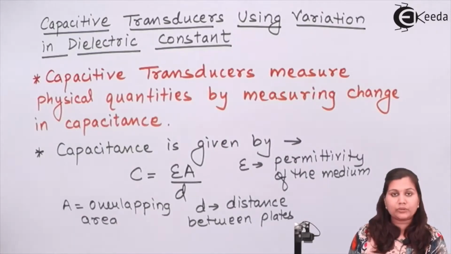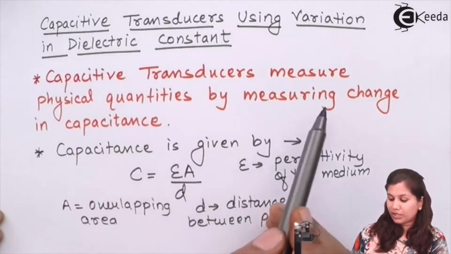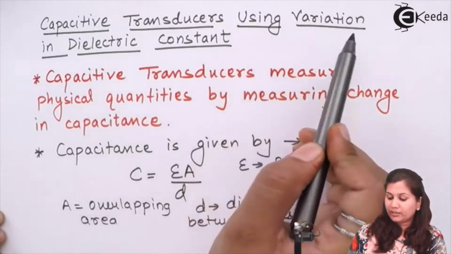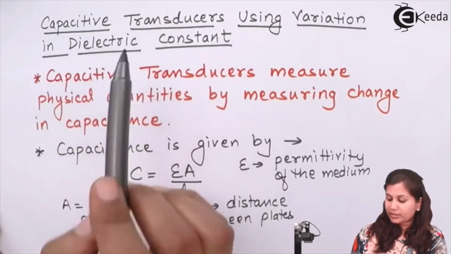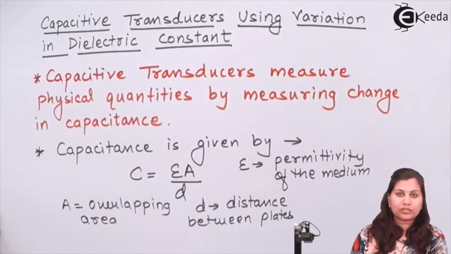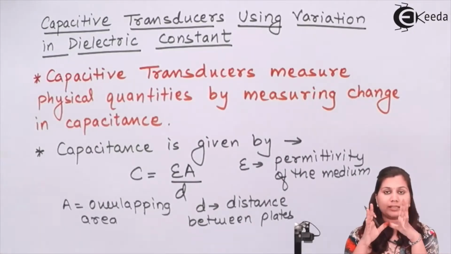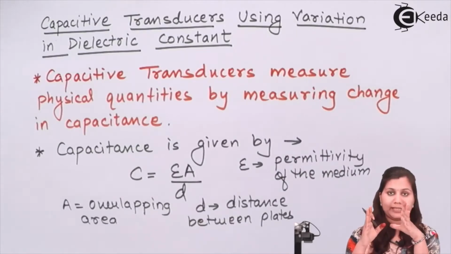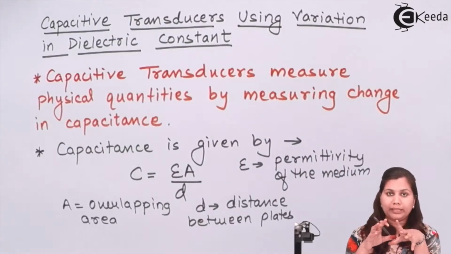So here we are going to study the capacitive transducers which use the change in capacitance due to the variation in the dielectric constant. This dielectric constant depends upon the dielectric medium which is used between the plates. A capacitor consists of two plates, and in between those two plates we have a dielectric medium.